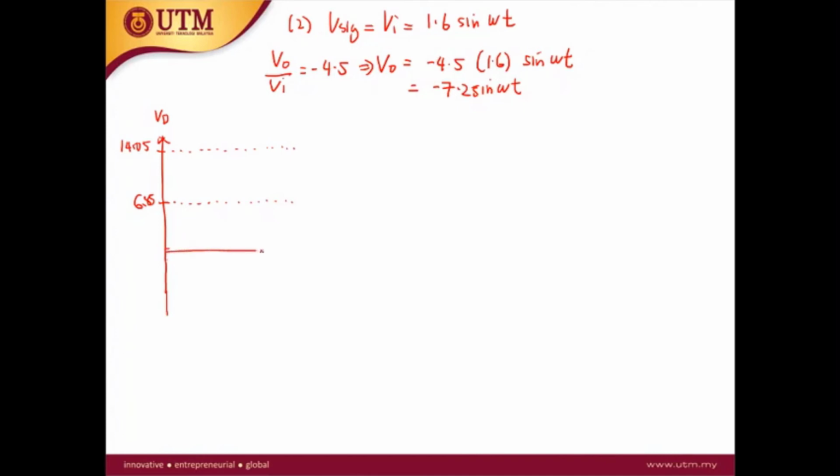This is the time, this is 0. The minimum value of the oscillation is 6.85 minus 7.2, which gives you the negative value, minus 0.35. If you draw the waveform, you can draw something like this.